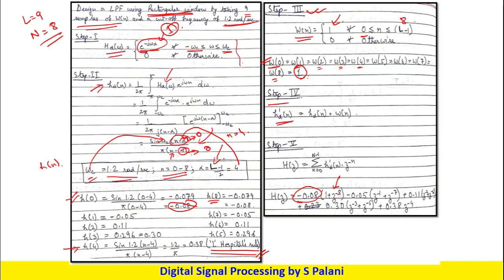I hope every one of you knows why this is 1 and why this is minus 8, right? Because h of 0 into z to the power 0, this is 1, and then we have h of 8 into z to the power minus 8. That's why these coefficients h of 0 and h of 8 are the same, hence we have taken it common. Similarly, for the other values also we will be getting something like this.